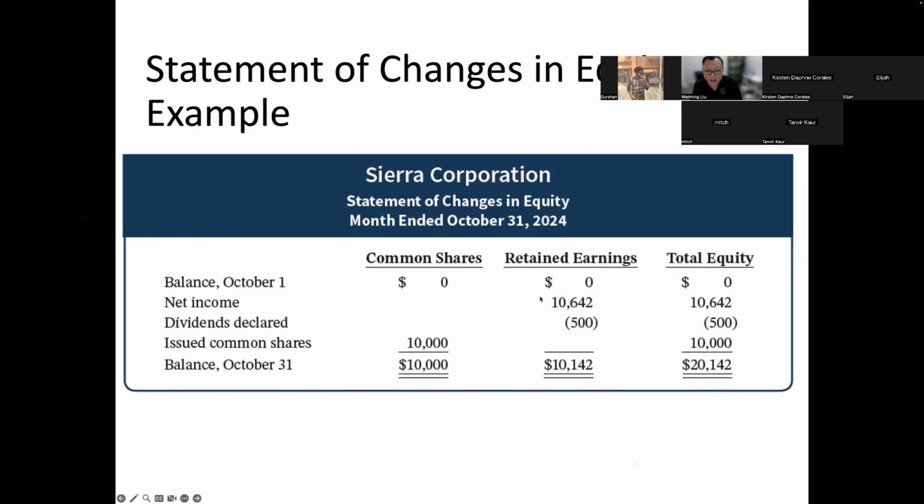Out of this earning, the company decides to give $500 to the shareholder. So what is the retained earnings? The retained earnings is 10,142. Your earnings is 642, and you give 500, so it's 142 left here.